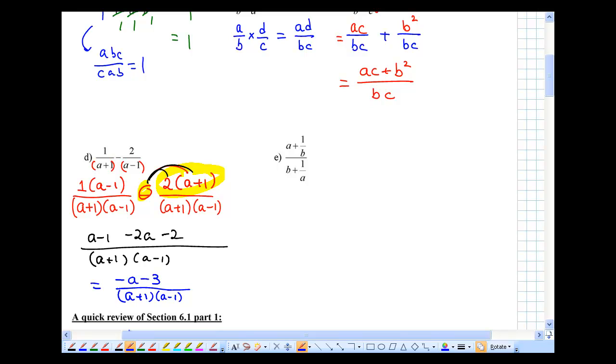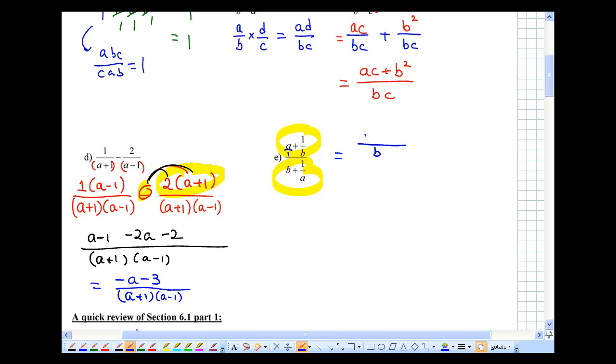Okay, E. Whoa, complex fractions. Yuck. The trick to these is to do the numerator separately from the denominator first. Once again, try to combine everything into one fraction. Notice a is just a over 1, so the common denominator between 1 and b must be b.